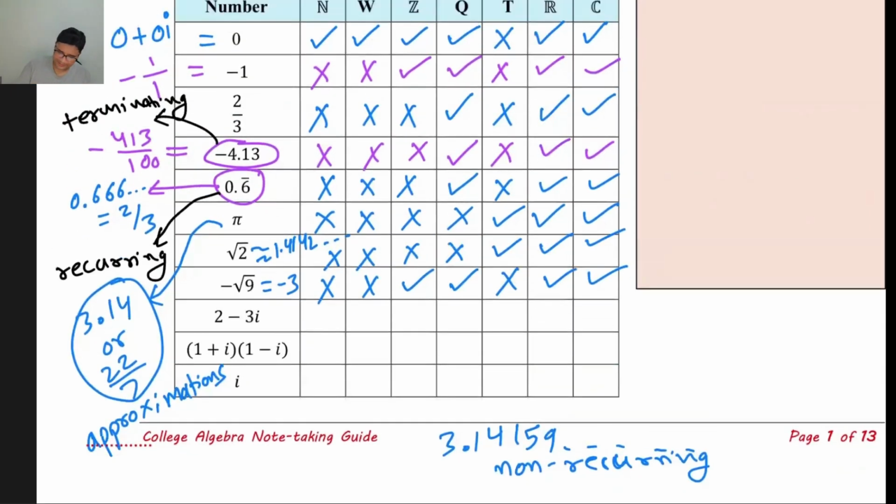2 minus 3i. I had said earlier, that's an example of a complex number which is not real. So none of this will apply. Just because you see i in that expression, don't conclude immediately that it's going to be a complex number or not a real number.